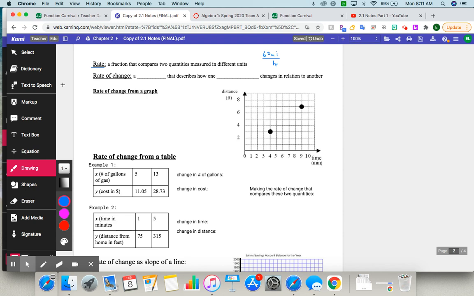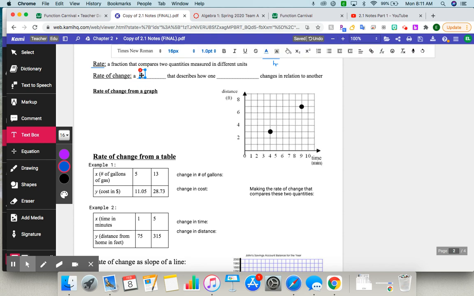But in chapter 2, we want to look at a rate in a relationship. So, in this case, we call it a rate of change. So a rate of change is a rate that describes how one quantity changes in relation to another.